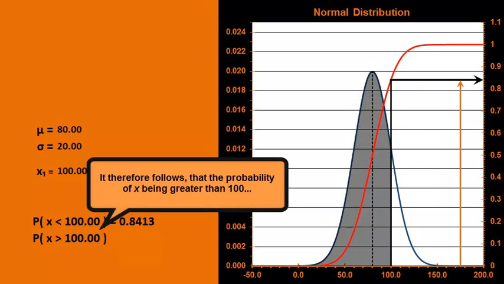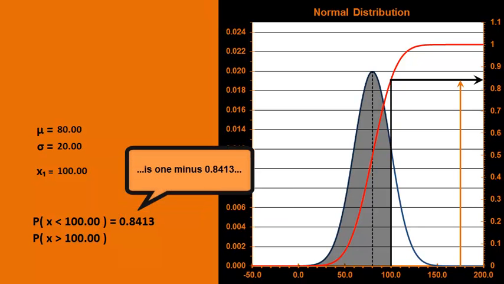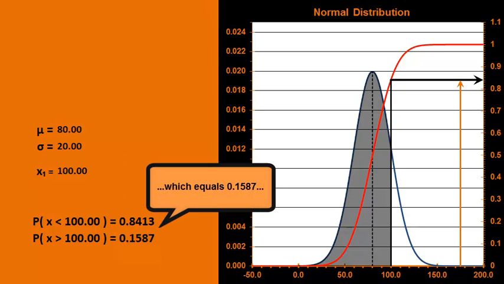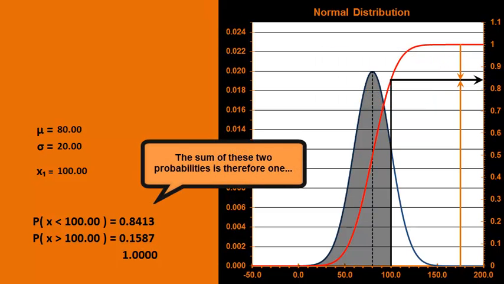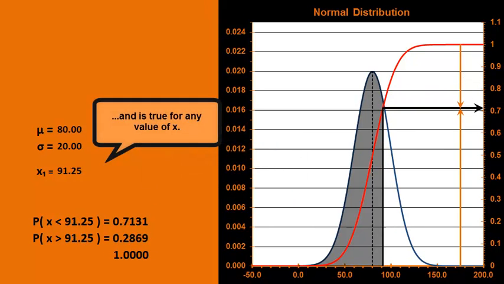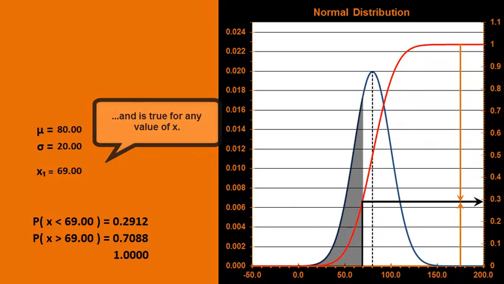It therefore follows that the probability of x being greater than 100 is 1 minus 0.8413, which equals 0.1587, and is the difference between 1 and 0.8413. The sum of these two probabilities is therefore 1, and is true for any value of x.